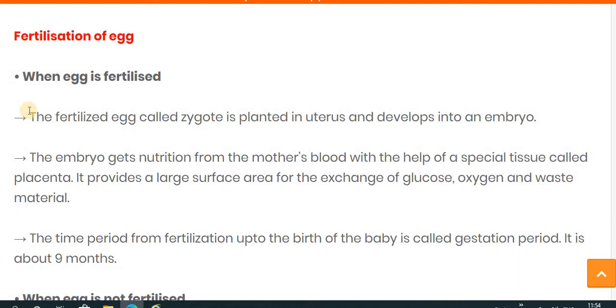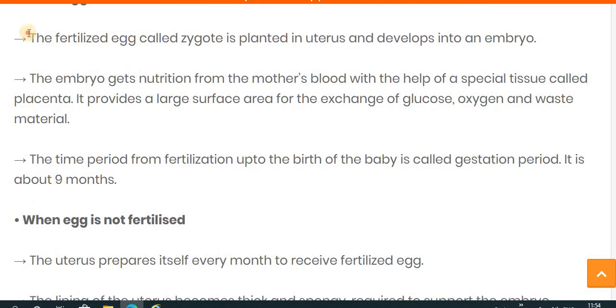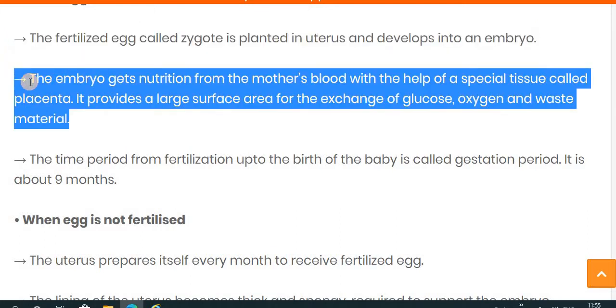Suppose fertilization of the egg occurs, then what happens? The fertilized egg is called the zygote, because the male and the female gametes are fused with each other. It is planted in the uterus and develops into the embryo. And this embryo gets nutrition from the mother's blood with the help of a special tissue called the placenta.